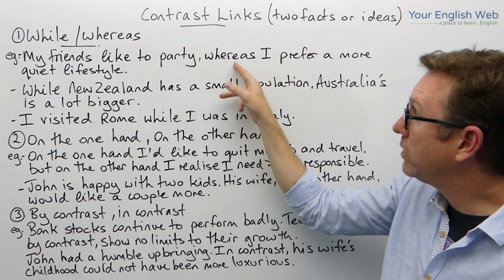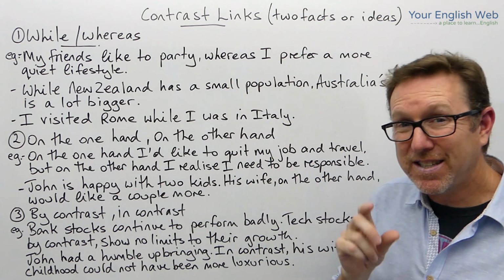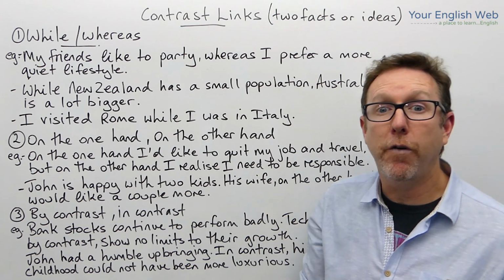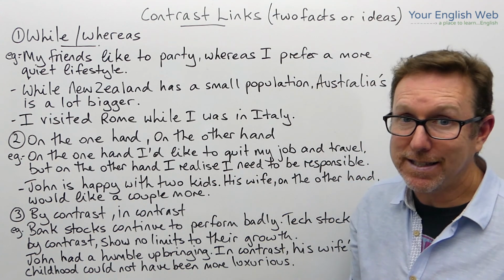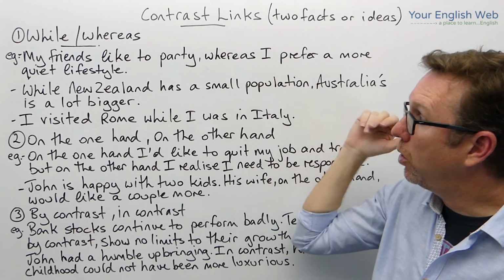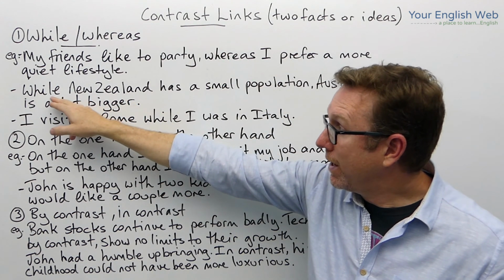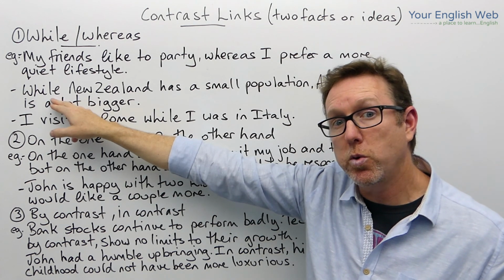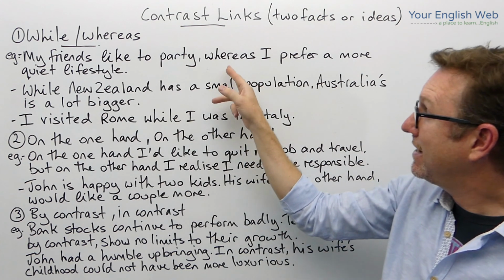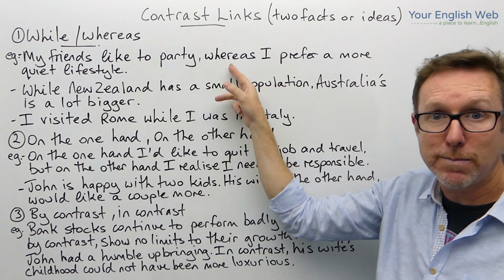Now here we're using whereas, but as I said in the examples there, we could substitute whereas here for while quite easily, okay? And we're using it here in the second clause. And here we can see that we can also use while or whereas at the beginning of a sentence as well. In this sentence here, the substitute is but.